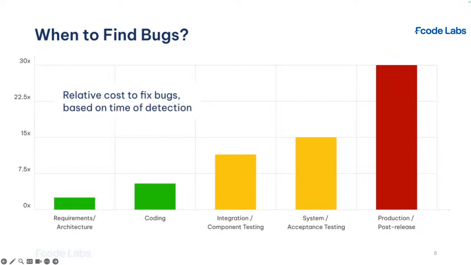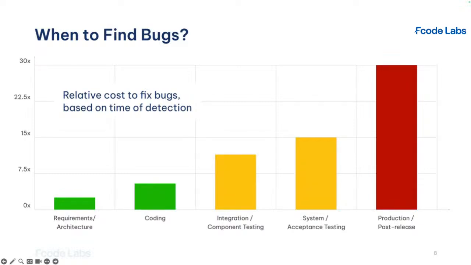That is a big cost. And also, we lose the confidence of the end users, especially if a bug is found in production and post-release environments. We lose the confidence big time. That's the biggest cost, in my opinion.